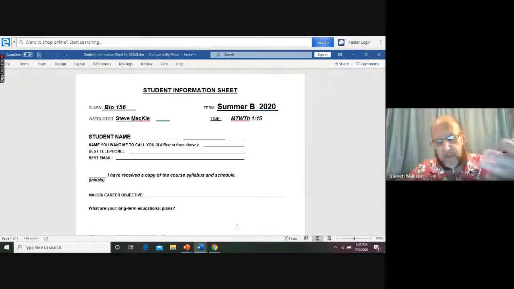You can download it from either of those spaces, fill it in, take a picture of it with your phone, and send it to me at smacky@pima.edu. Remember, smacky@pima.edu is my email, and you want to communicate with me by email, of course.